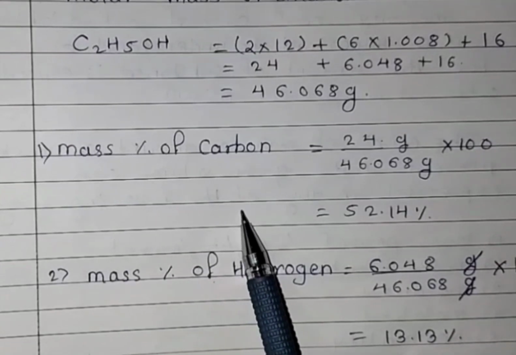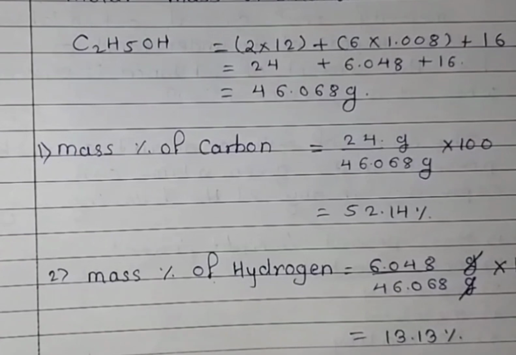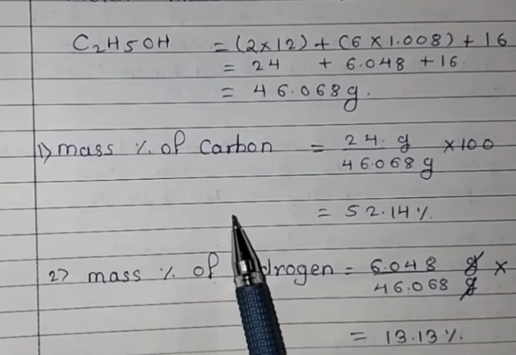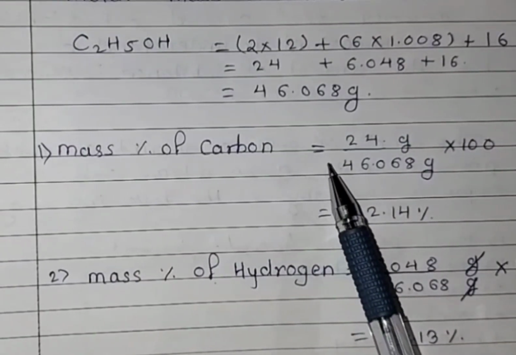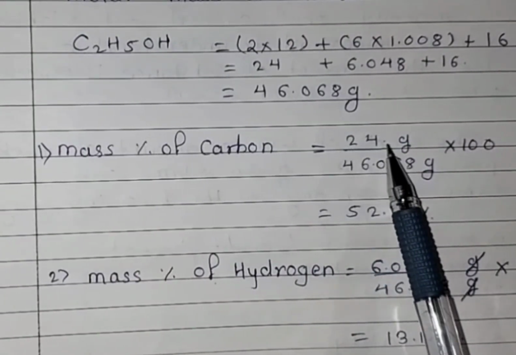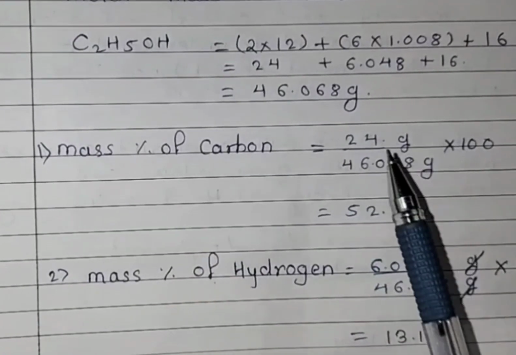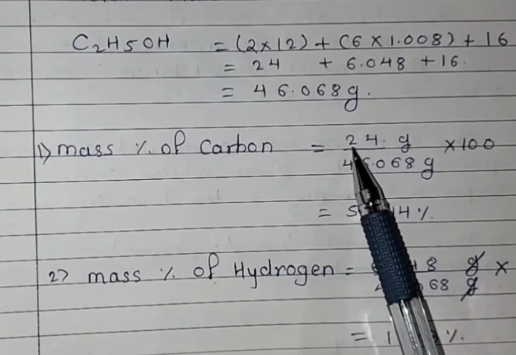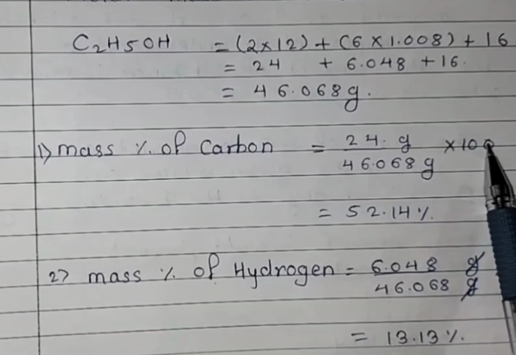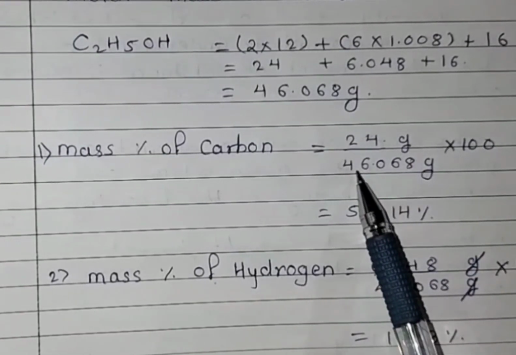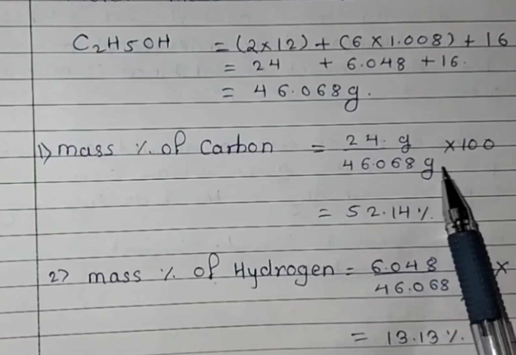Then calculate the mass percentage of carbon, of hydrogen and of oxygen. First, we calculate the mass percentage of carbon. The mass of carbon is 12, and there are 2 carbon atoms in ethanol, so the mass of 2 carbon atoms is 24 gram, multiplied by 100 and divided by the molar mass of ethanol, that is 46.068 gram.